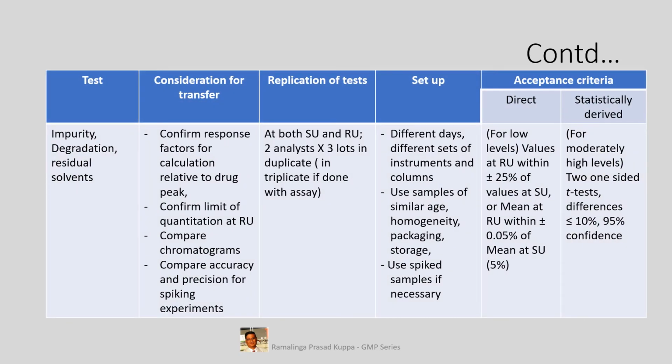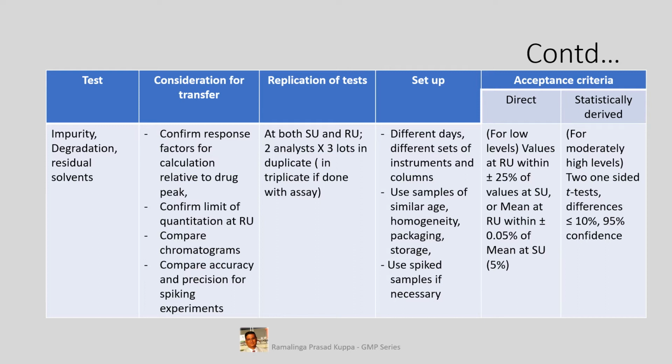Yet another example for impurity, degradation pathways and residual solvents is provided in this table. Response factors, LOD, precision and accuracy for spiking experiments should be considered. Data from 12 points from 2 analysts, 3 lots in duplicate is a requirement.